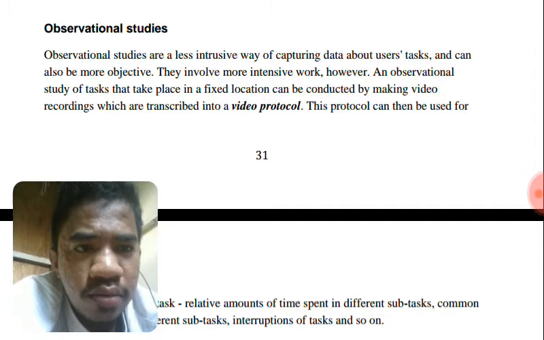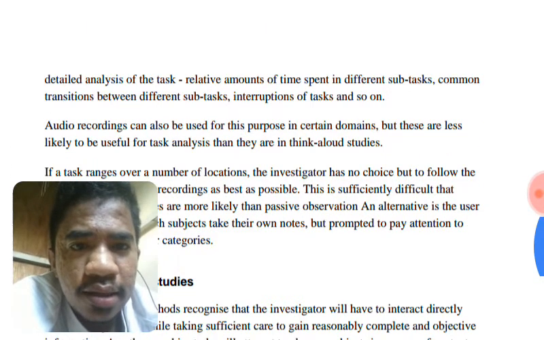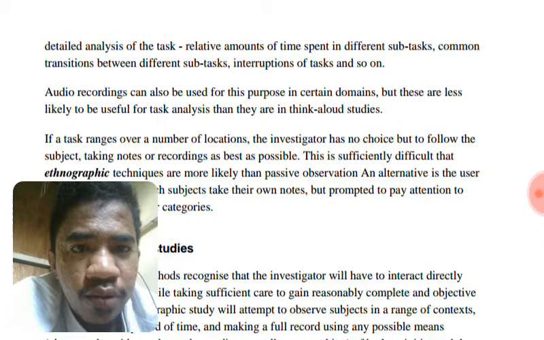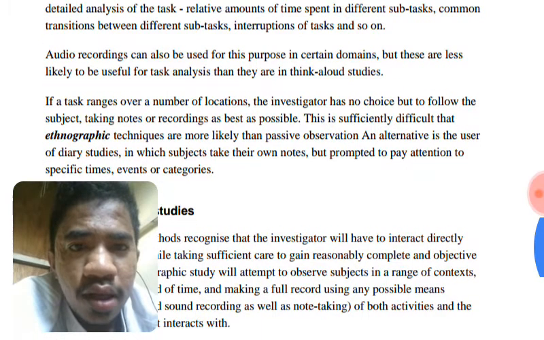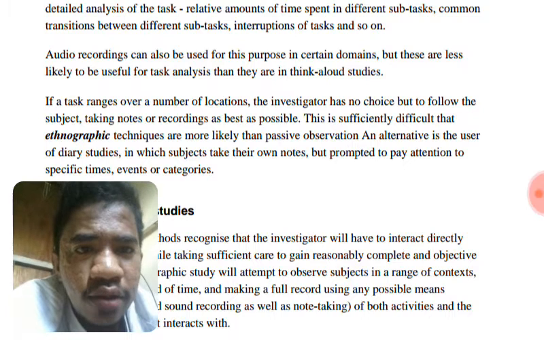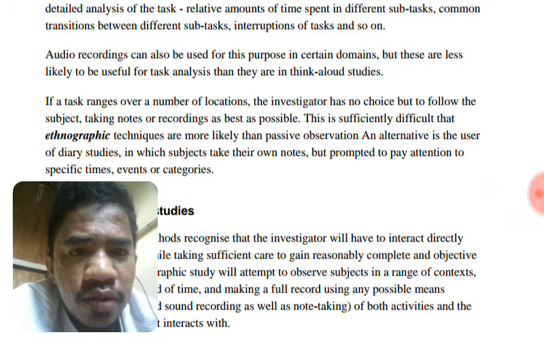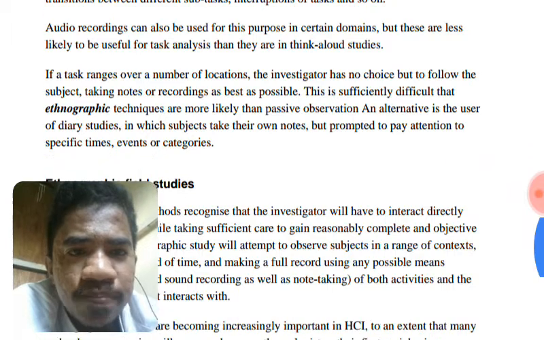This protocol can then be used for detailed analysis of the tasks, relative amount of time spent in the different subtasks, common transitions between different subtasks, interruptions of the task, and so on. Audio recording can be used for this purpose in certain domains, but is less likely to be useful for task analysis than it is in thinking aloud studies.